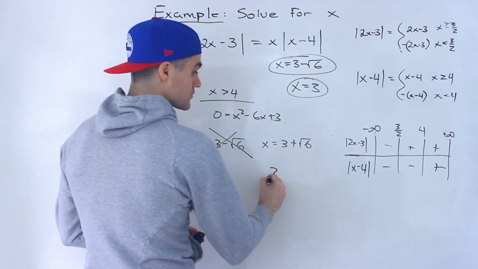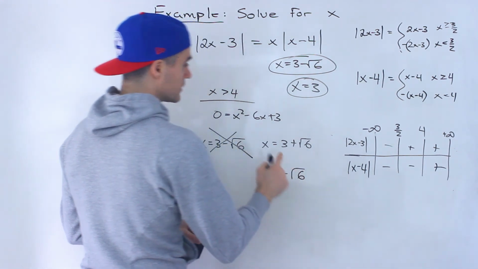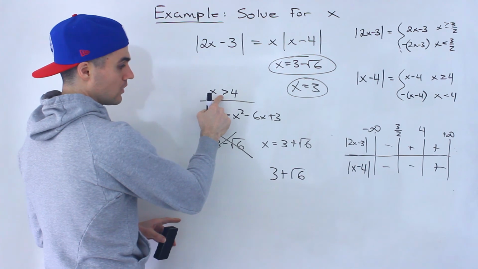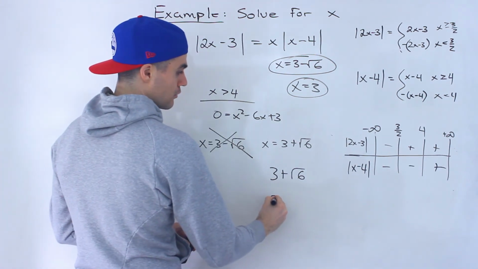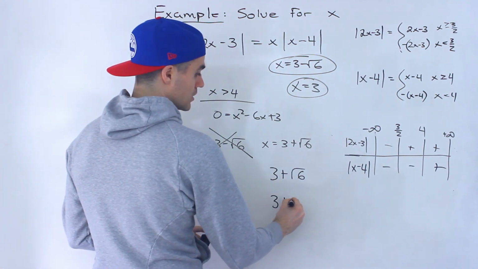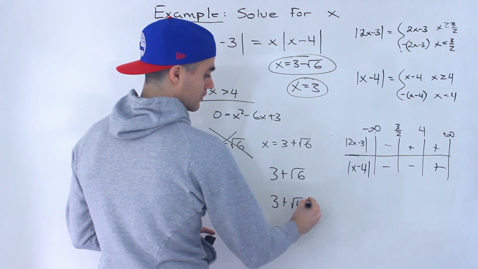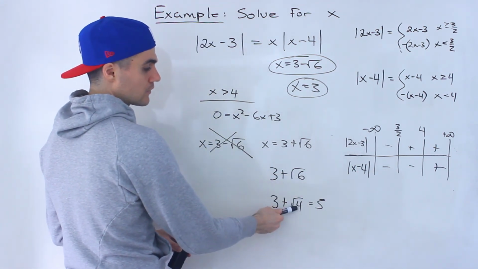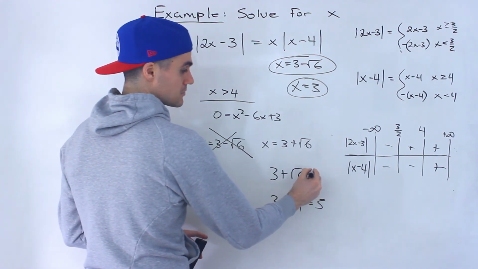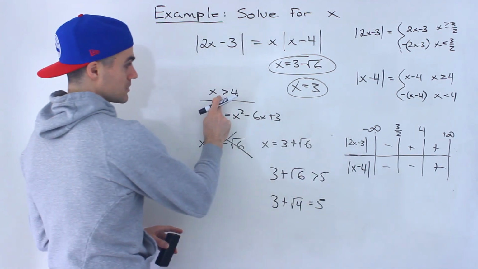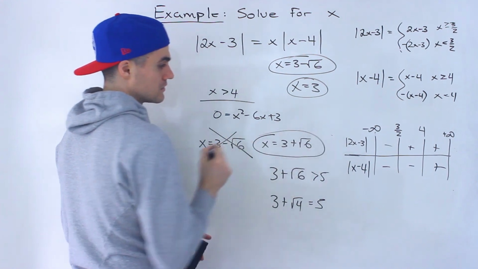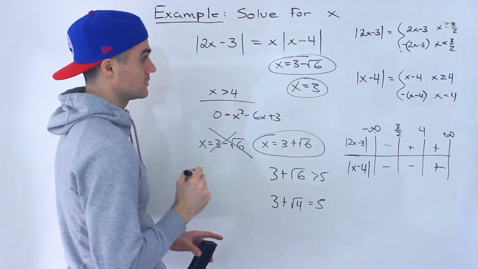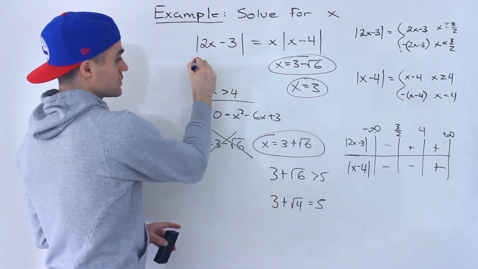Notice 3 plus root 6, well, is that going to be greater than 4? Yes, because 3 plus root 4 is equal to 5, and root 6 is greater than root 4. So we know 3 plus root 6 is going to be greater than 5, which is going to be greater than 4. So this would be an admissible solution for this overall equation.